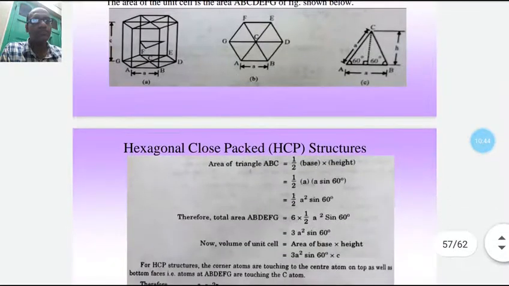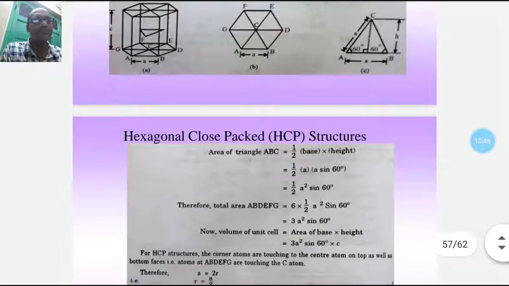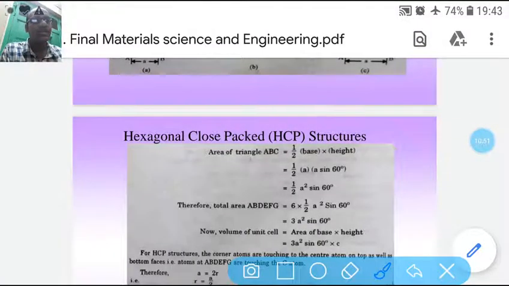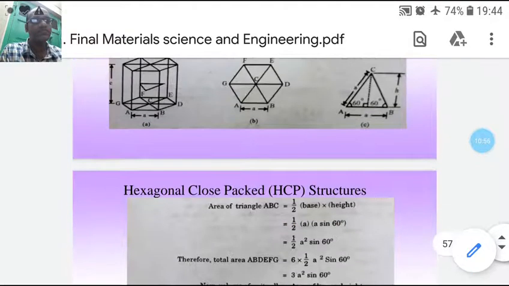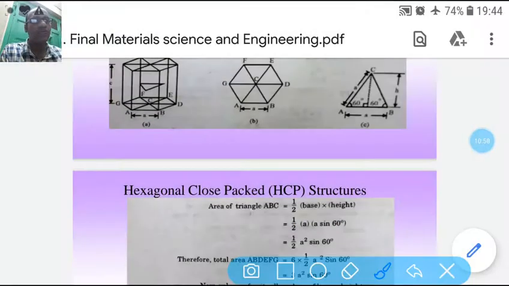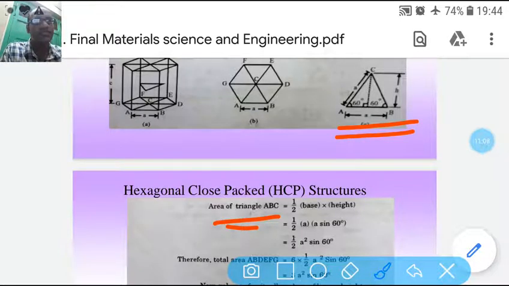Now the area of the triangle ABC is half into base into height. AC is the lattice parameter a.